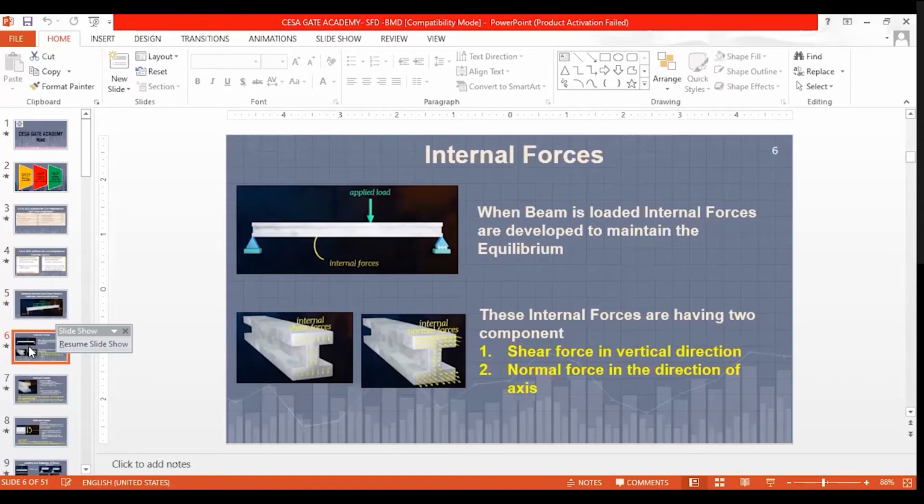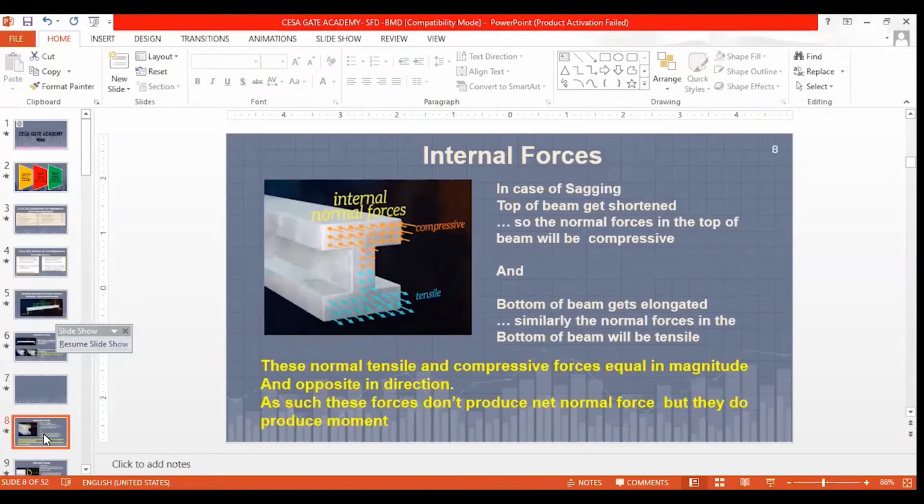the normal force. Consider the hogging part, because we determine in case of the top of the beam getting shortened, the normal forces in the top of the beam will be compressive, and the bottom of the beam gets elongated.